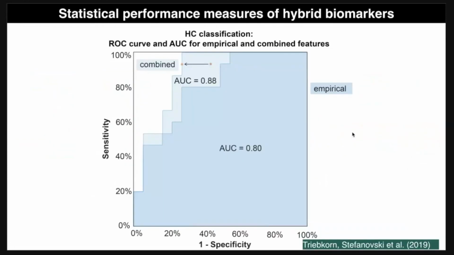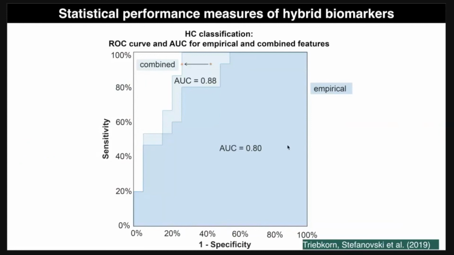The ultimate goal with this simulation approach is to identify biomarkers that better predict or classify different groups of dementia or in general diseases and ultimately also are able to predict disease trajectories. So this is a little bit older result.